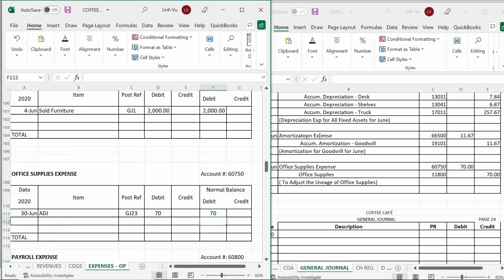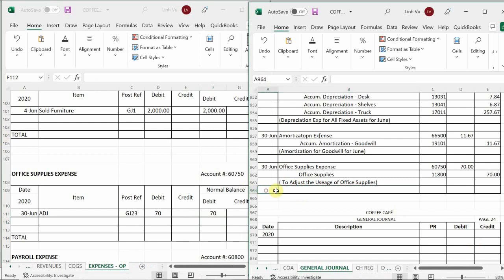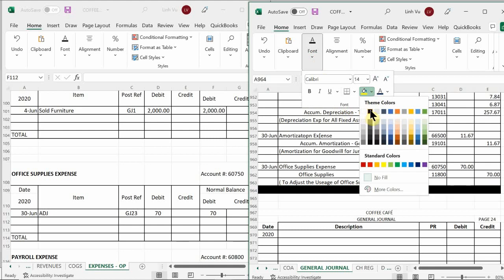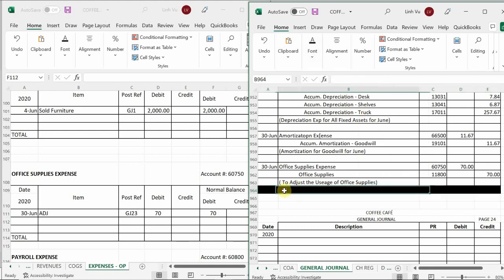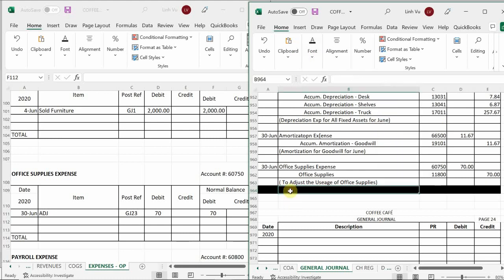So therefore, now we are completely done with our adjustments, and now I need to go ahead and block this off because then we need to complete our adjusted trial balance. Okay, so that is it for today.